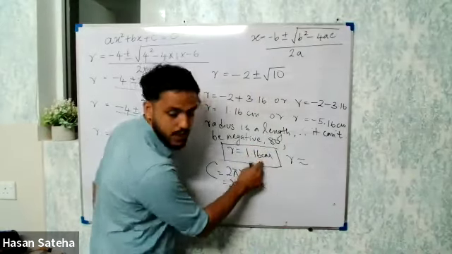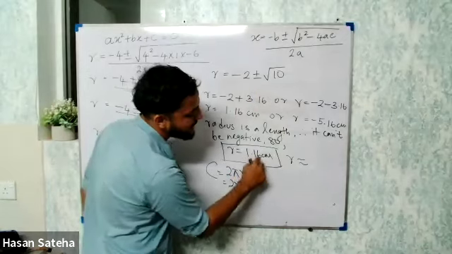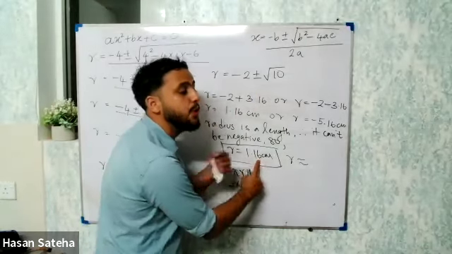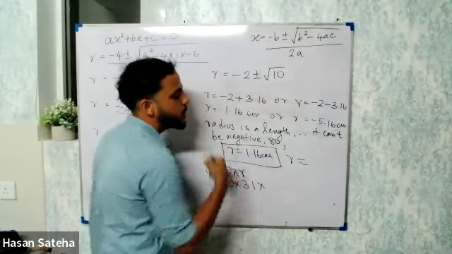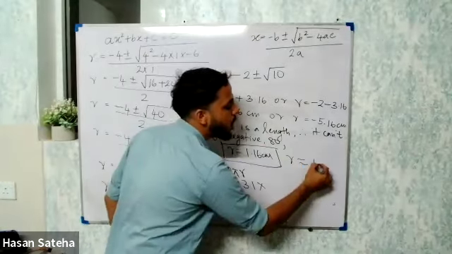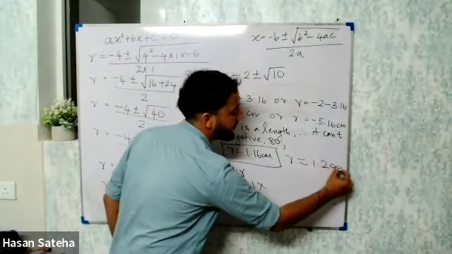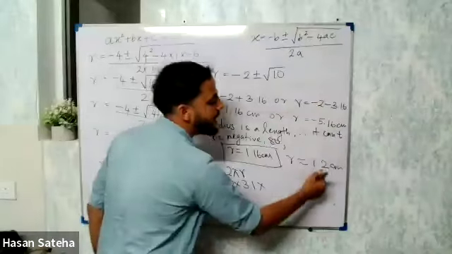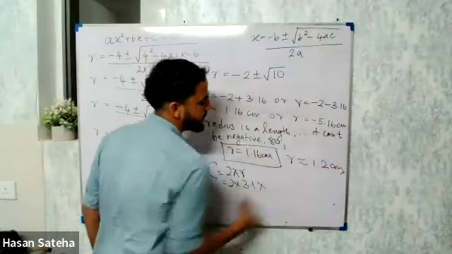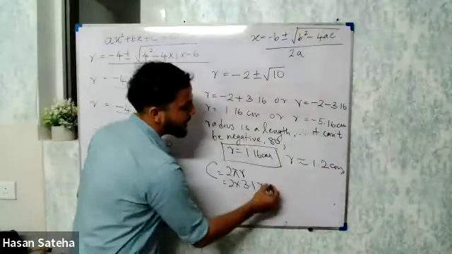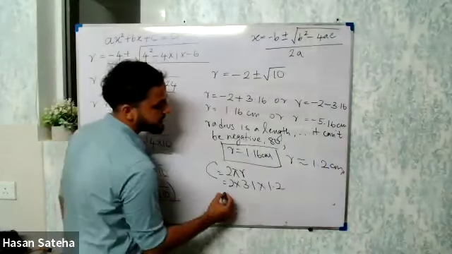Now you have 1.16 here. Your second decimal place is 6, which is more than 5. Then you increase your first decimal place by 1, so 1.2 centimeters. That should be your answer, right? So radius is 1.2 centimeters.